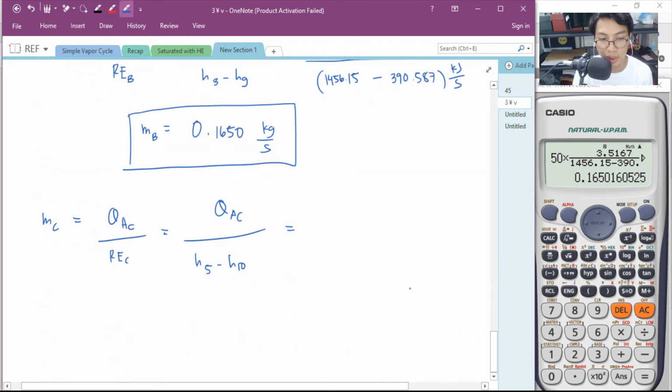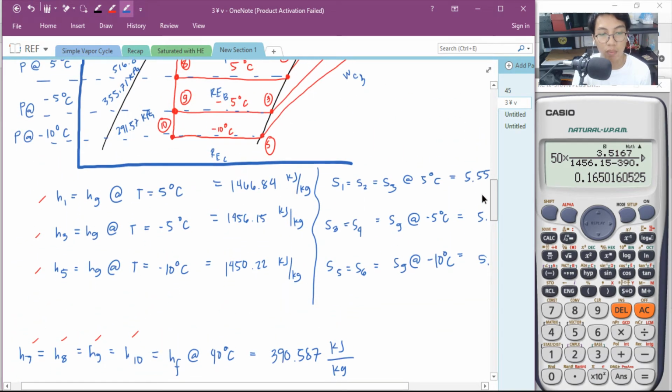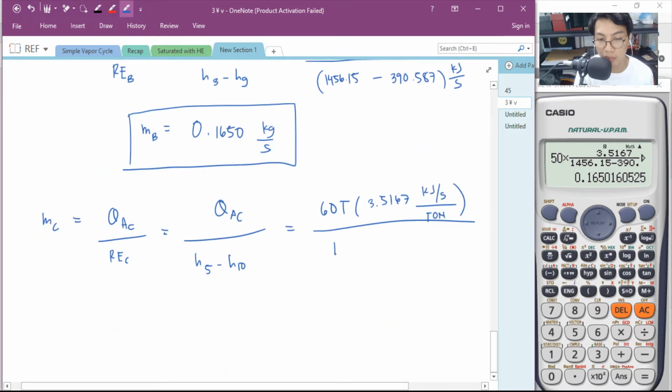Ayan, 60 tons multiplied to 3.5167 kilojoule in every second per ton, divided by H5. H5 is 1450.22 minus 390.587 kilojoule per kilogram.